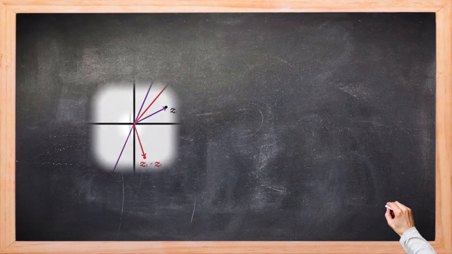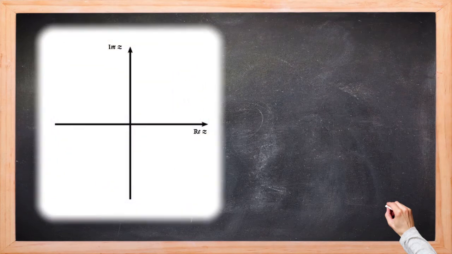So how does all this help us to find the polar form of a complex number that lies off the unit circle? Well, it involves looking at a scaling.